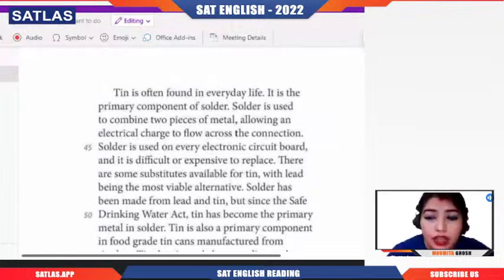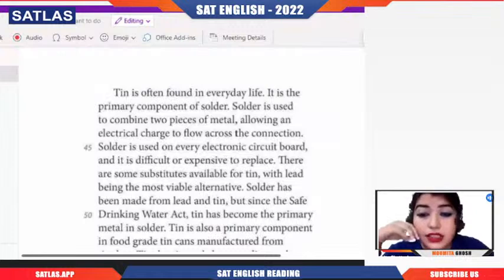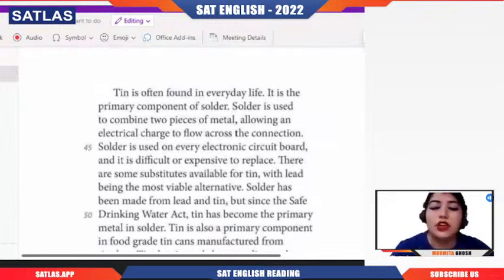Solder is used on every electronic circuit board, and it is difficult or expensive to replace. So solder is used often on electronic circuits.